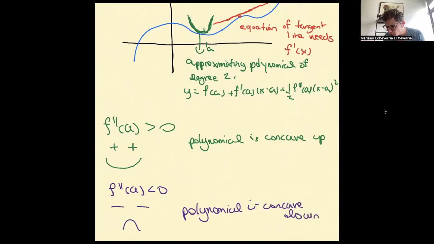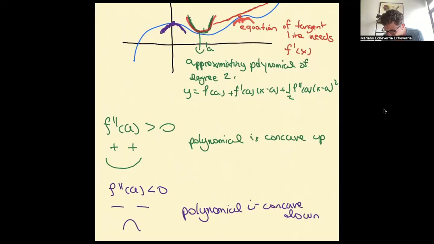Is that making sense? Here, if you look at this area, the function looks kind of sad, meaning that when you approximate it by a polynomial of degree 2, it should be approximated by a concave down polynomial. And here it also looks sad.